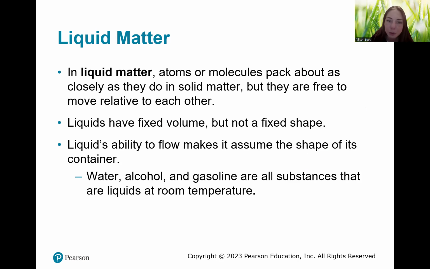So that brings us to liquid matter, where now our atoms or our molecules are able to move past one another. But they're still fairly close, but able to freely move past one another. So molecules of water, ethanol, such as drinking alcohol is ethanol, and then there's isopropyl alcohol, rubbing alcohol.